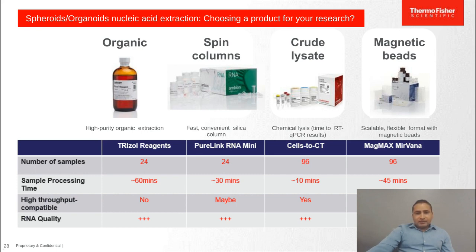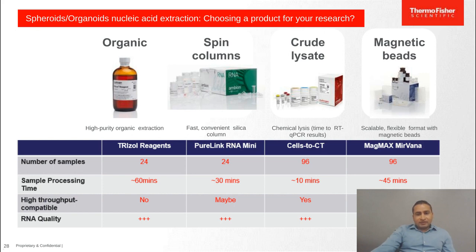PureLink mini kit or TRIzol might be preferable to users who process less than 24 samples at once. And MagMAX mirVana total RNA isolation kit, which is a magnetic bead-based extraction, will be compatible with high throughput purification of RNA and also DNA. So it is favored by end users with NGS and qPCR workflow.